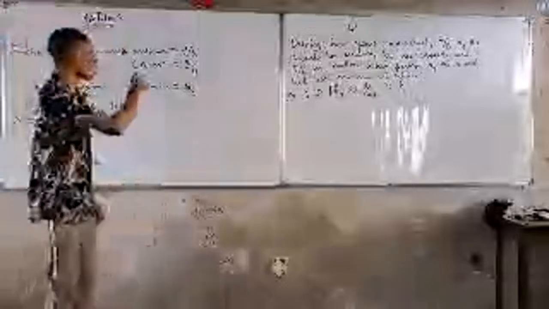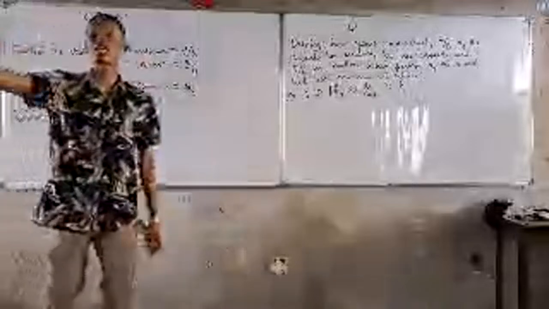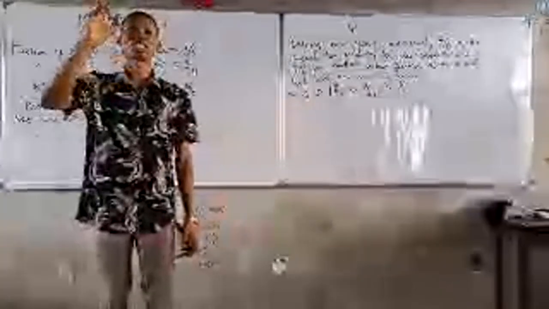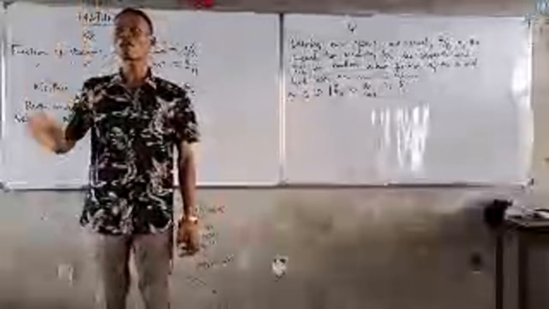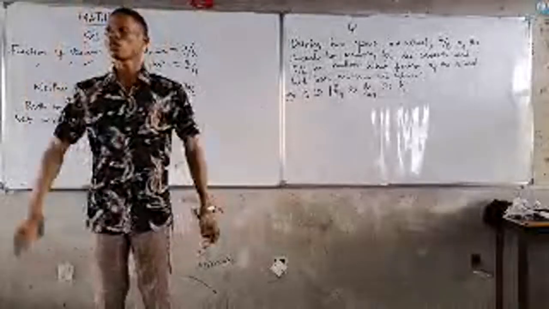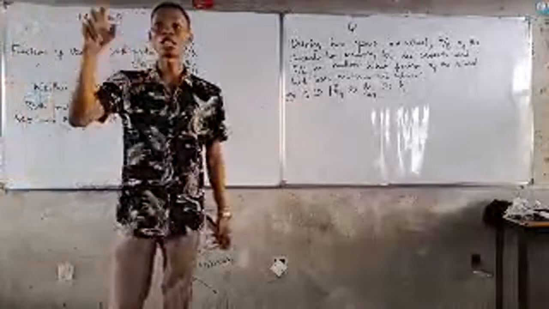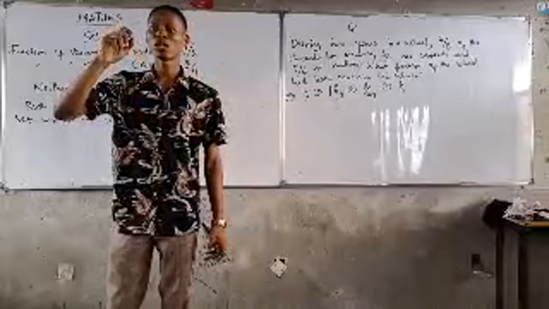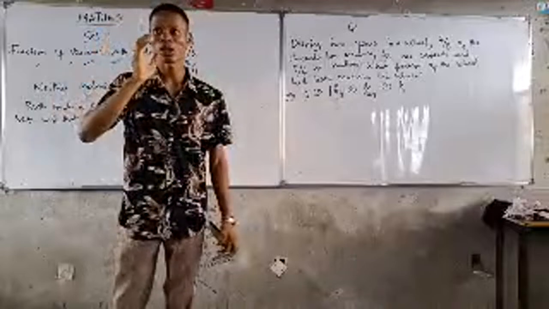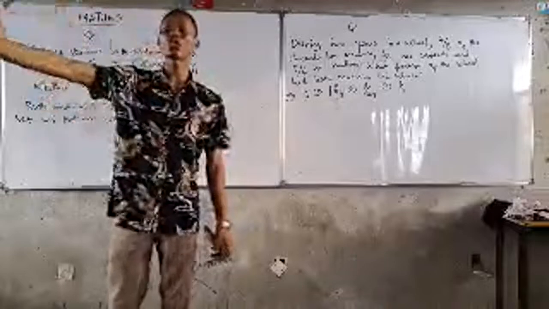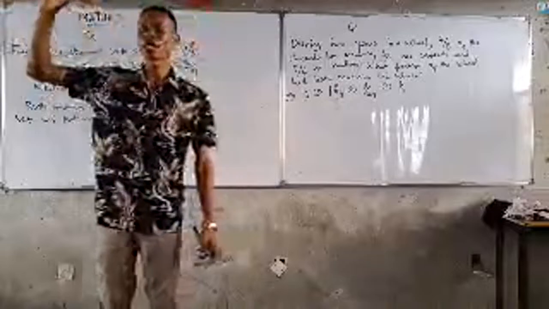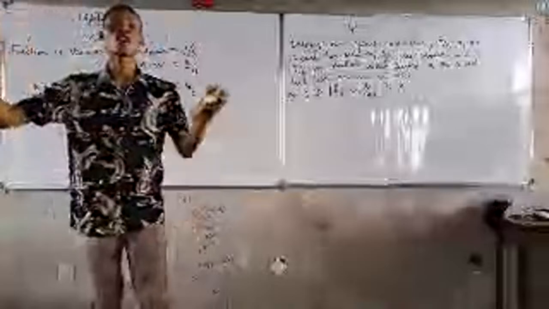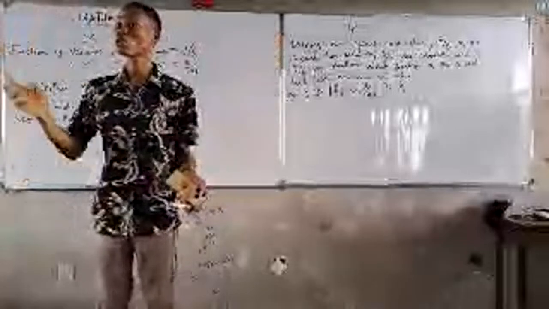This 7/8. Let's assume we have 8 persons in this class, and in the question, 7 out of the 8 persons have malaria. Some of them might have catarrh in addition to that malaria, right? If we want to get the number of people that have only malaria, we take the total number of those that have malaria, minus the number of those that have both malaria and catarrh. That is how we can get that.